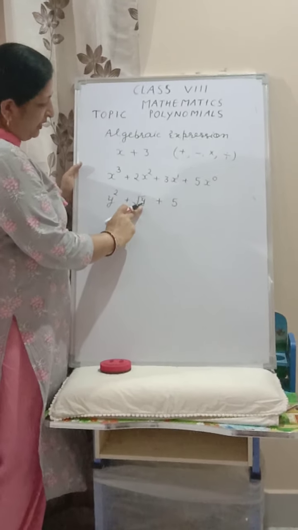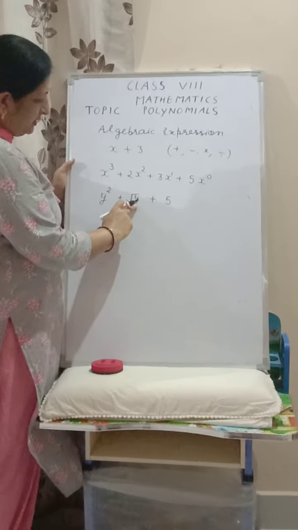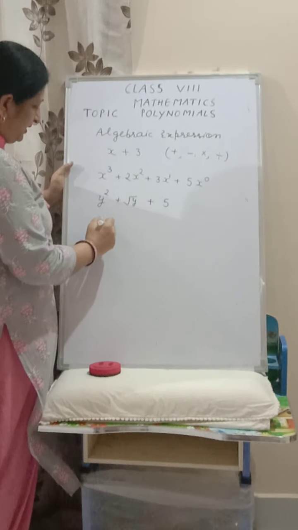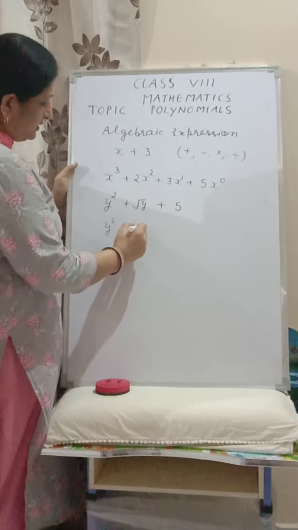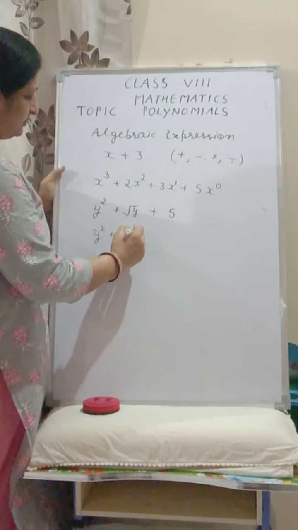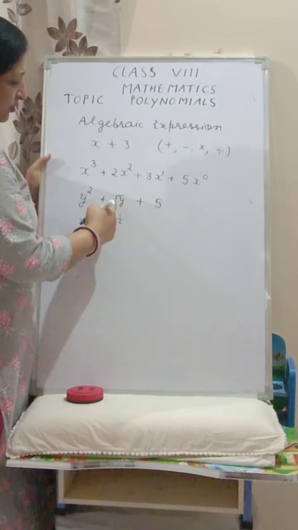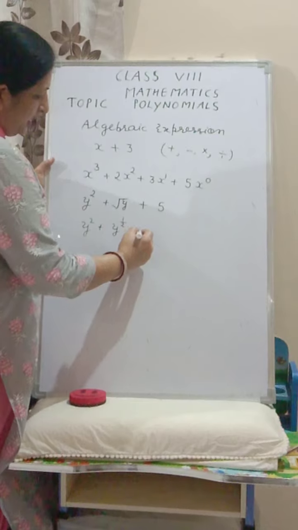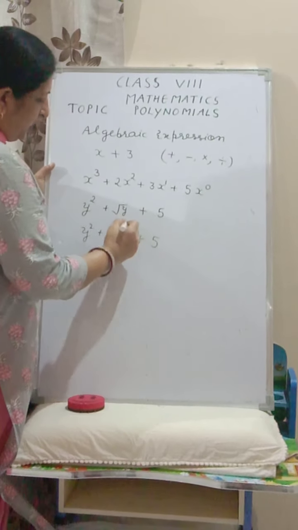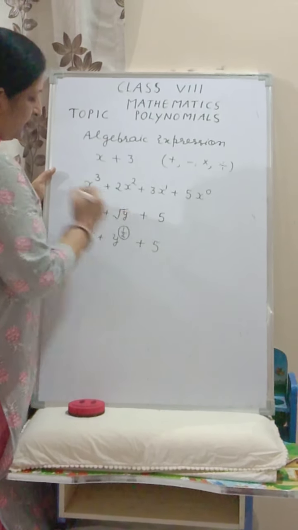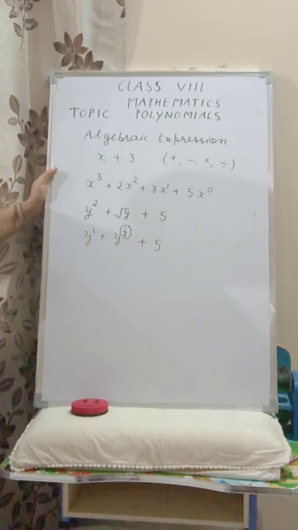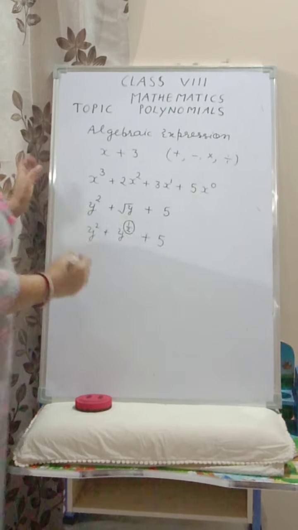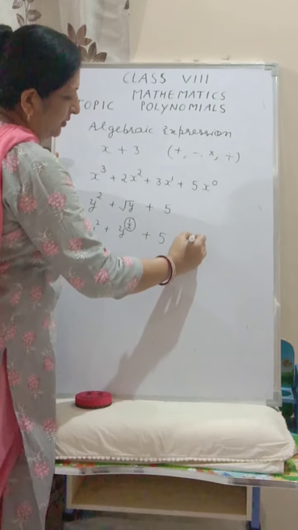Now what is the power of y? Here the power of y is 1 by 2. Square root means power 1 by 2, and plus 5. Now this power is not an integer, therefore it is not a polynomial.